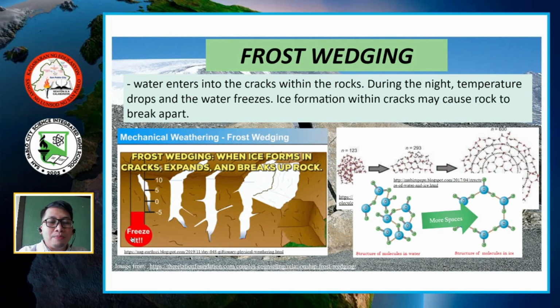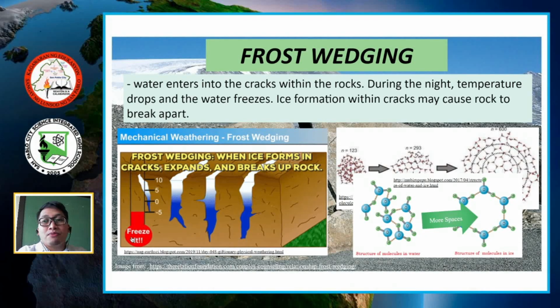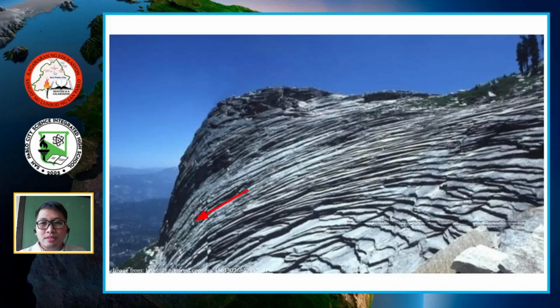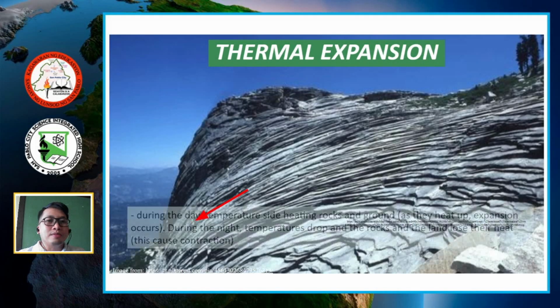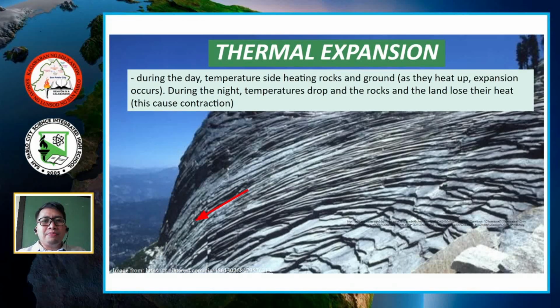This physical weathering is what we call frost wedging. The second one is what we call the thermal expansion. So during the day, temperature heats rocks and ground. As they heat up, expansion occurs. During the night, temperatures drop and the rocks and the land lose their heat. This causes contraction.